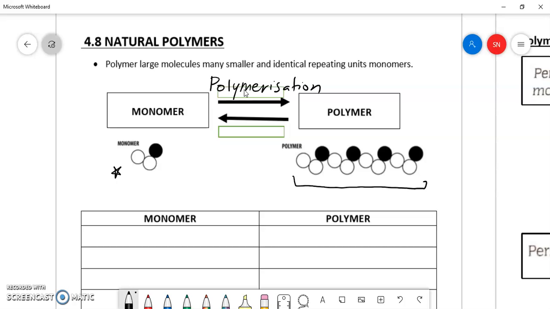Polymerization can be defined as the process that combines monomers to form a long polymer chain. If we reverse that process, polymer to monomer, it is called depolymerization, the reverse process.